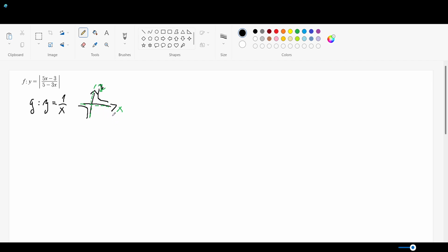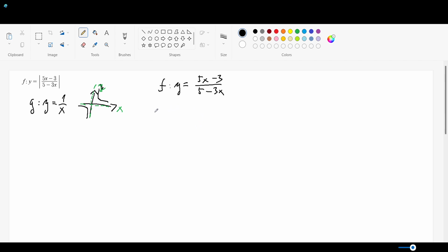Before I find the asymptotes, the next thing I want to say is that we will first sketch the graph of the function (5x take away 3) over (5 take away 3x). Because if we are able to draw this graph, then it's very easy.